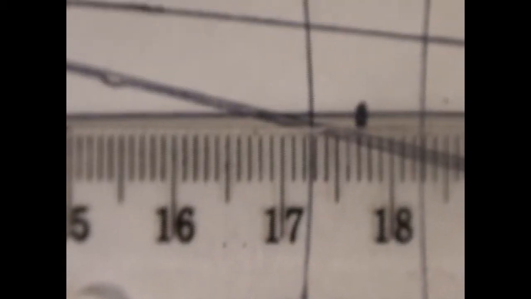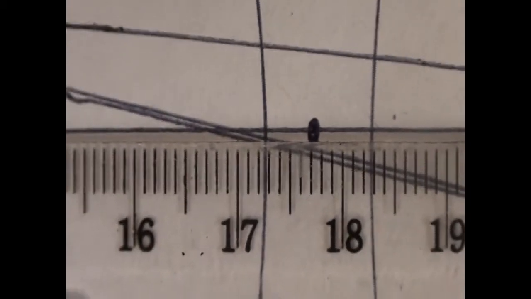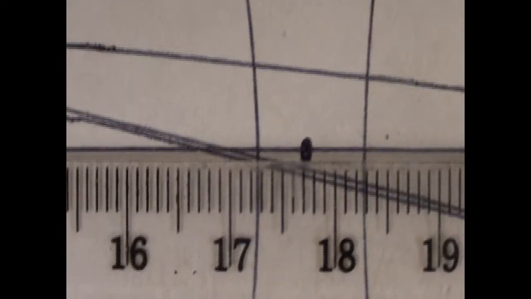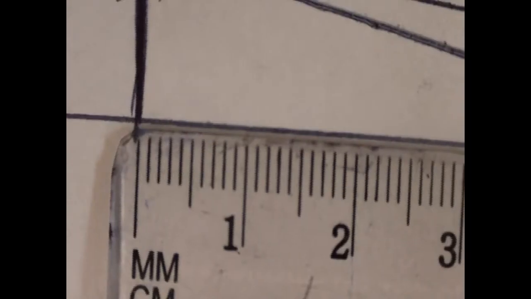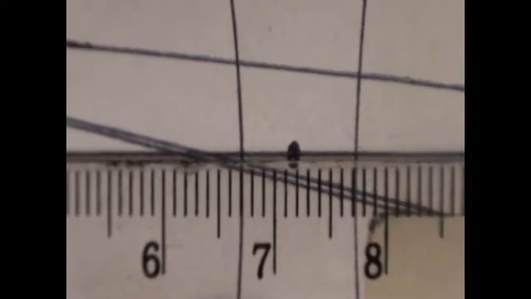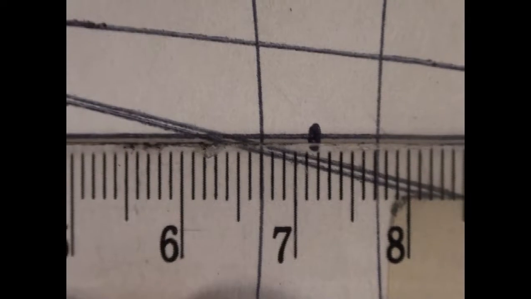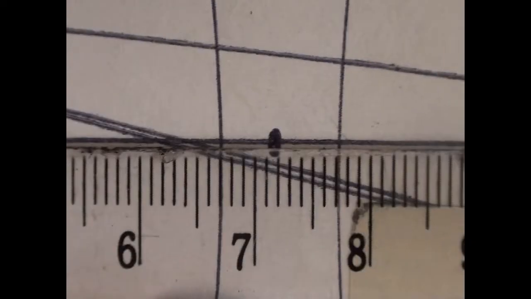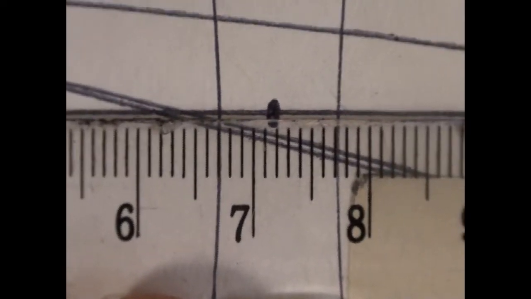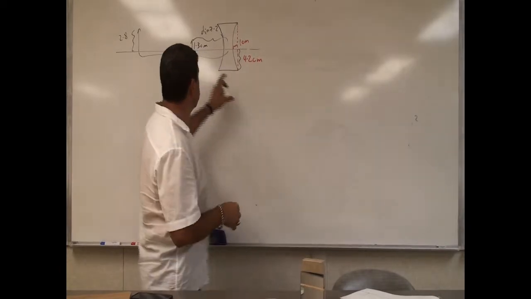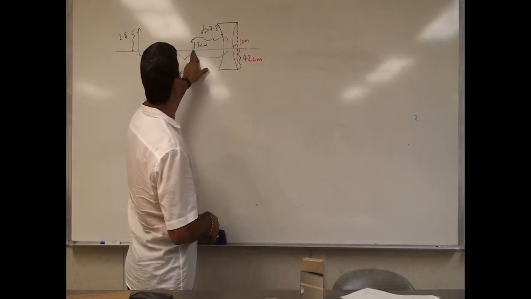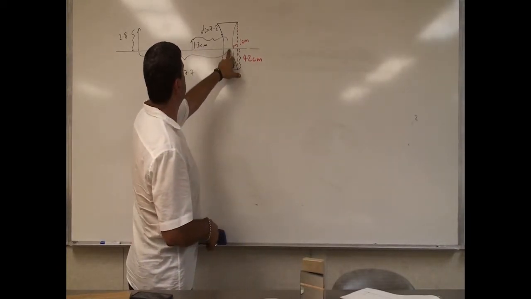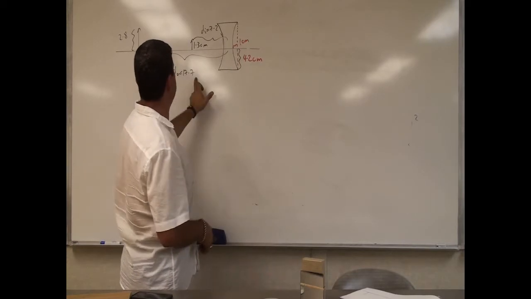The object was 17.7 centimeters from the center of the lens, and then the image was 7.2 centimeters, 17.7 and 7.2. I went ahead and did all of the measurements. We already had the image, it was 7.2 from the center, and the object was 17.7.